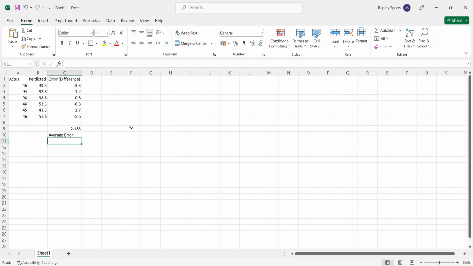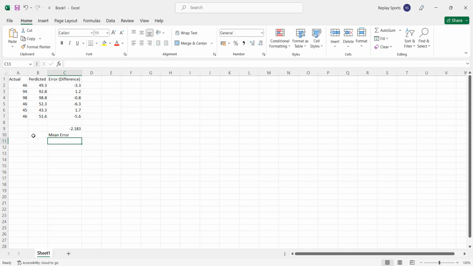So what we need to do is make sure the errors get added together, not cancelled. How do we make sure that minus and plus numbers are added together? Before you find the average, you find the absolute value of these values. Average is also called your mean error, isn't it? So we'll replace average with mean.